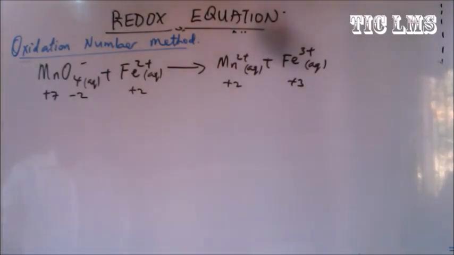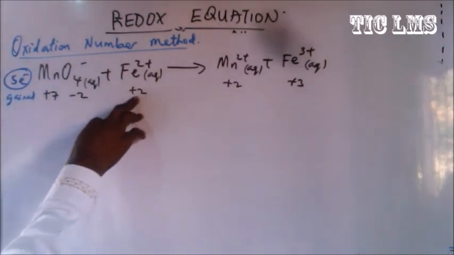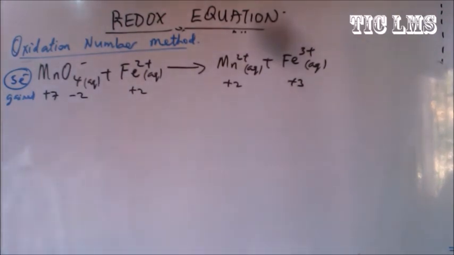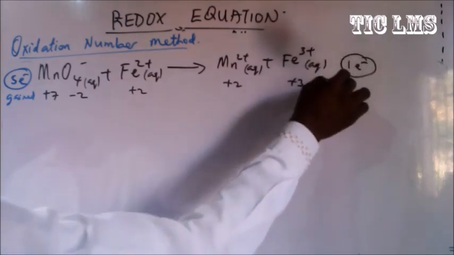That means that it gained 5 electrons. So we'll have that somewhere. 5 electrons were gained. Alright. Then we have iron, which was +2 and it has increased to +3. That means that it has lost an electron. And so we have it as 1 electron which was lost.